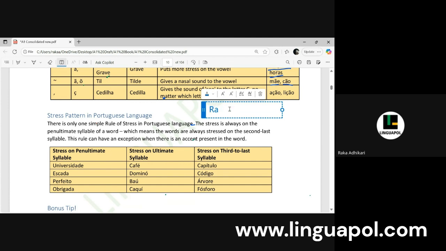Now to understand this, first we need to know what a syllable is. Does anybody know this word, syllable? It's not syllabus, it's syllable. What is a syllable?